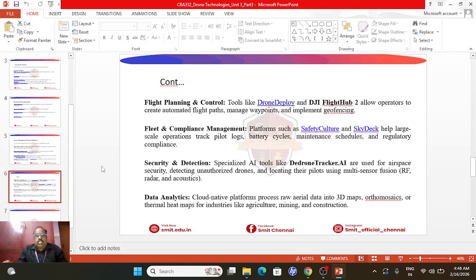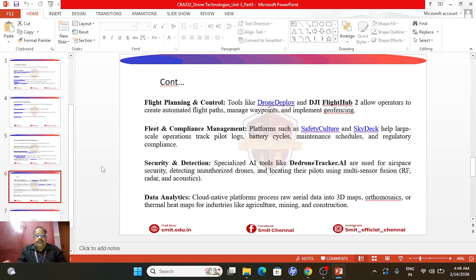Security and detection are based on specialized artificial intelligence tools like Drone Tracker AI, which are used for airspace security, detecting unauthorized drones and locating their pilots using multi-sensor fusion such as RF, radio frequency radar, and acoustics.